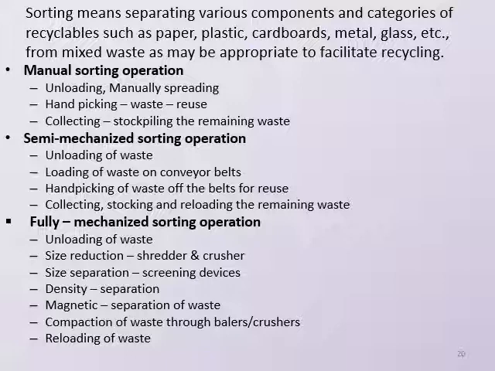For high density waste, separation methods will be there. For magnetic waste, iron waste, separation by magnetic conveyor belts may be used. Compaction of waste through balers, crushers or compactors, and further reloading of waste according to their segregated types, and then stockpiling of the waste.